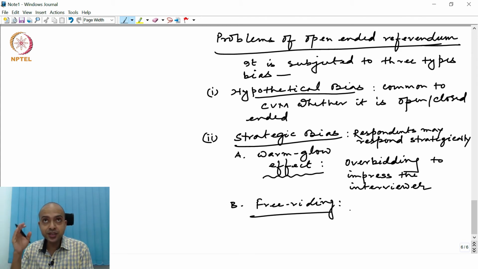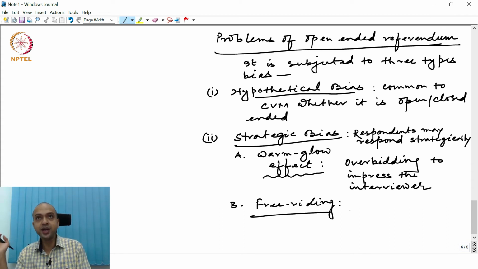So they may feel, let me say no, because anyway if the service is provided, they cannot exclude me just because I am not paying anything, right? So they try to underbid to enjoy free riding. So this is underbidding.